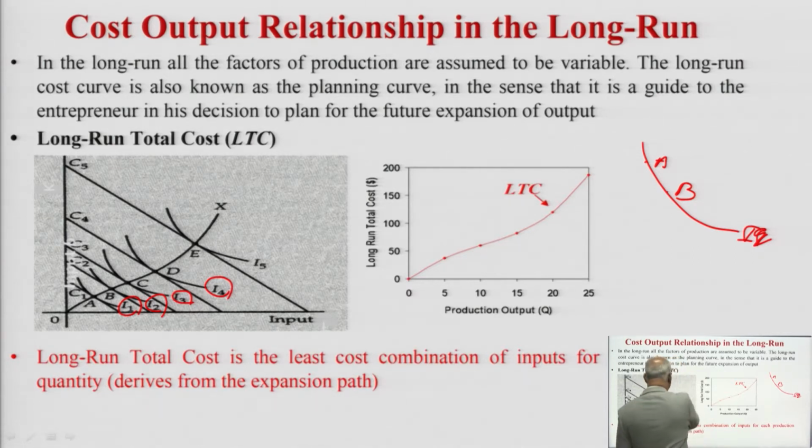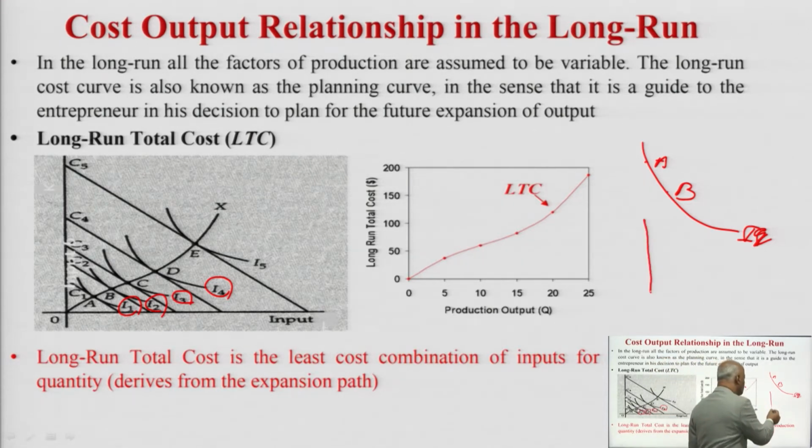Now, how will you define the isocost line? Let me give an example. If the isocost line is AB, what does it imply?